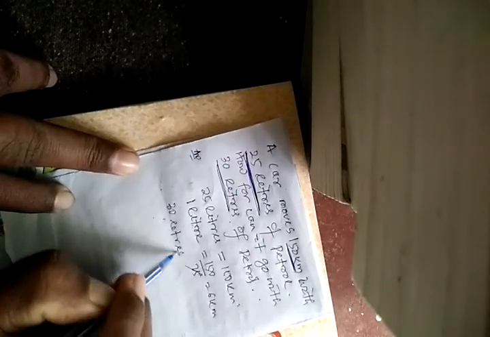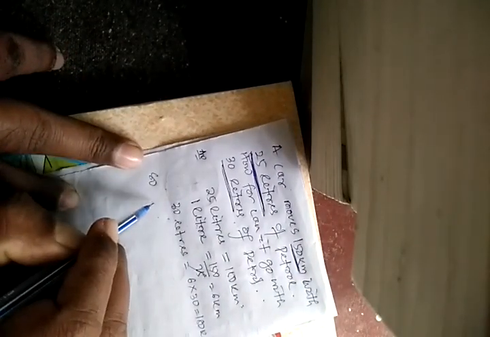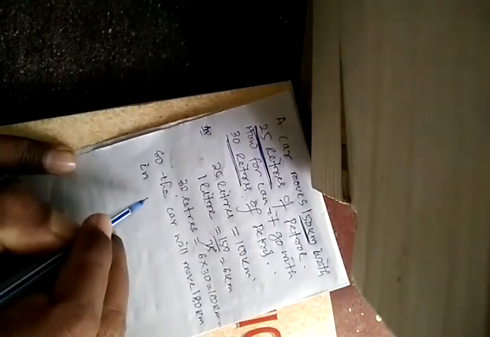Then for 30 liters, from 1 you go to many, means you have to multiply 6 into 30, that is 180 km. So the car will move 180 km in 30 liters of petrol. Clear?